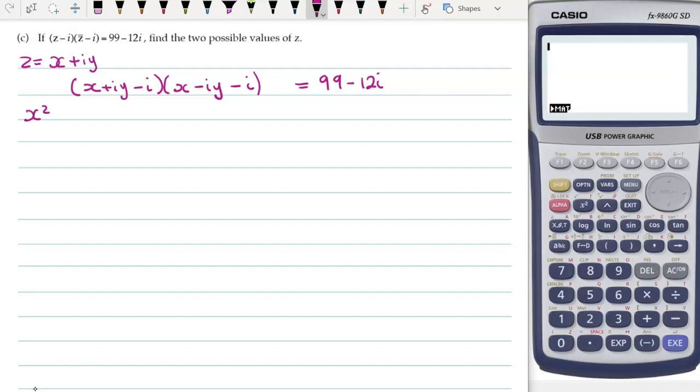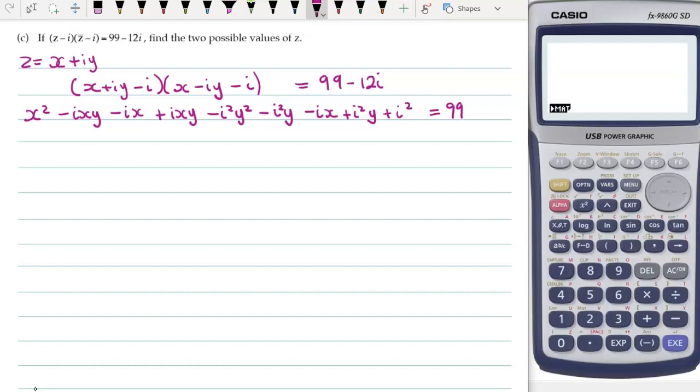So we have x squared minus ixy minus ix, then plus ixy minus i squared y squared minus i squared y, then minus ix plus i squared y plus i squared.